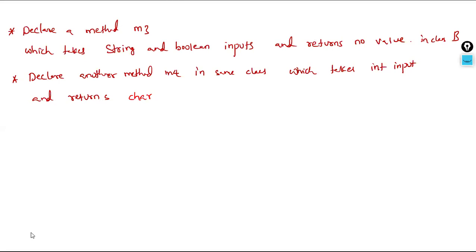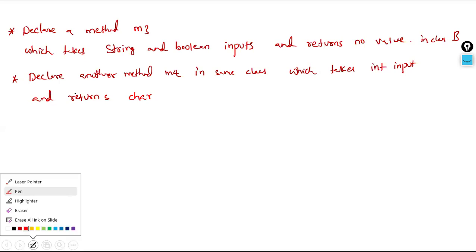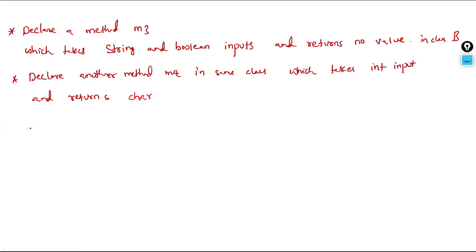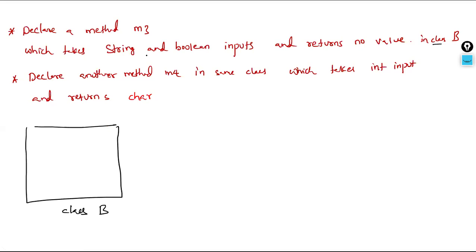Since I said for the first 2 or 3 examples I'm going to use the diagrammatic approach to make it simple, first I'm using one box to represent a class, where the class name is given as class B. Inside this class, the first method name is also given.